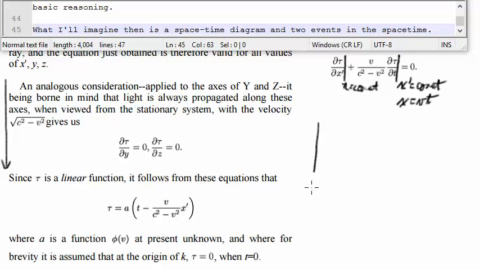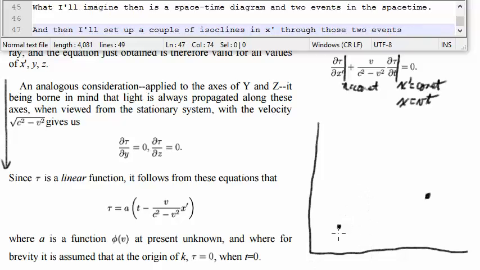What I'll imagine then is a space-time diagram and two events in the space-time, and then I'll set up a couple of isoclines in x prime through those two events. This could be x prime equals x prime sub naught, let's call this initial, and this one will be x prime final.